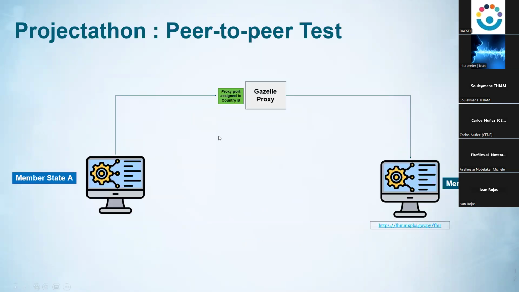In the peer-to-peer test, as you can see in the previous slide, in the middle of both countries we have the proxy.